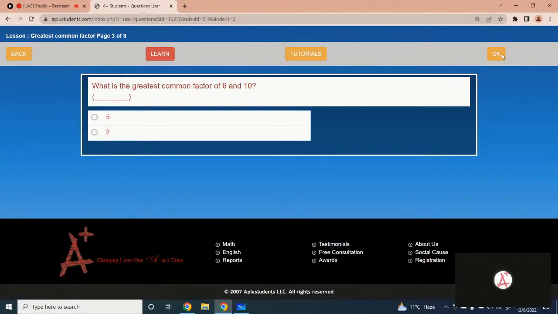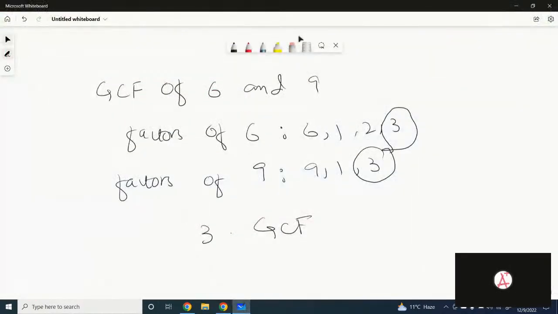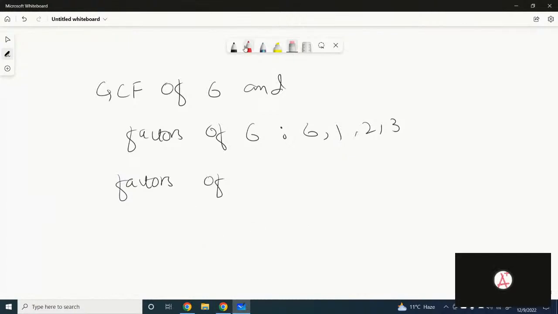It is 2. 2 is the only number that can divide both 6 and 10. These are the factors of 6. You have to write the factors of 10 also.